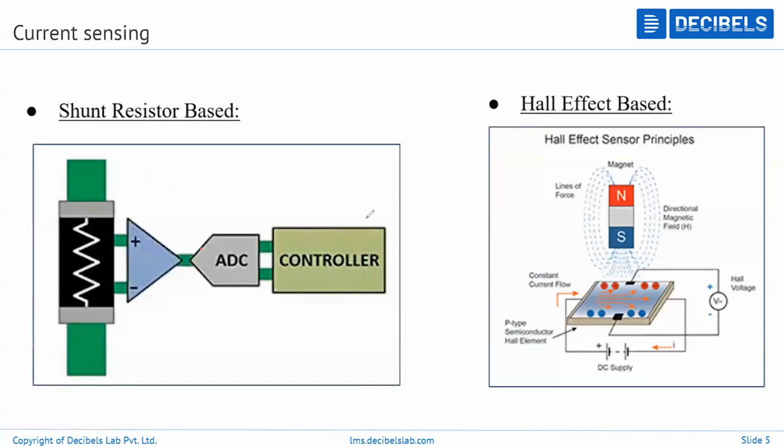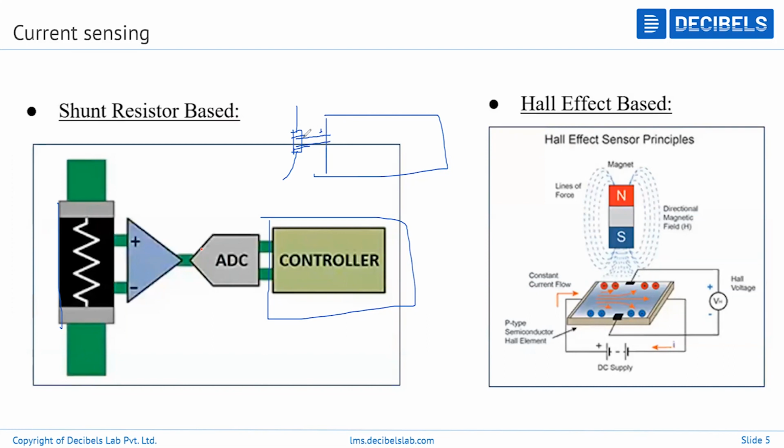For example, if you are taking a shunt resistor based current sensor, let's assume this is your controller, and somewhere here will be your resistor. The positive of the battery and the negative of the battery will be connected, and at 2 points you will be taking I sense positive and I sense negative.